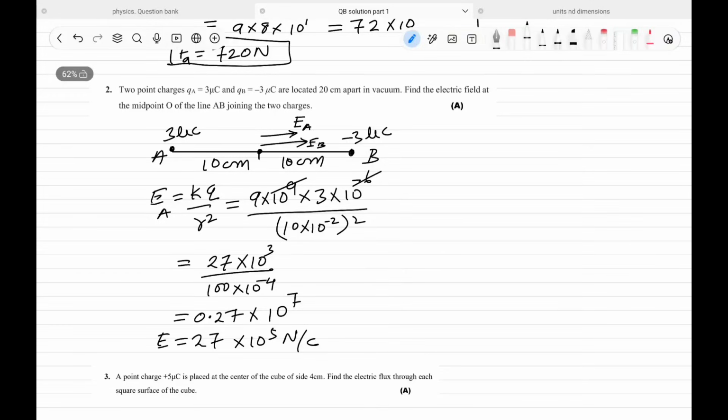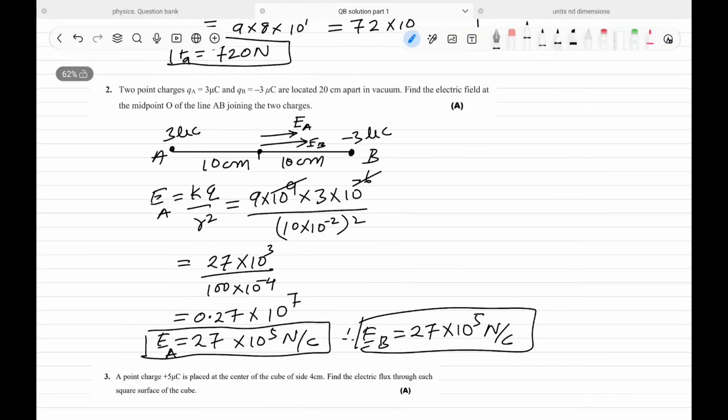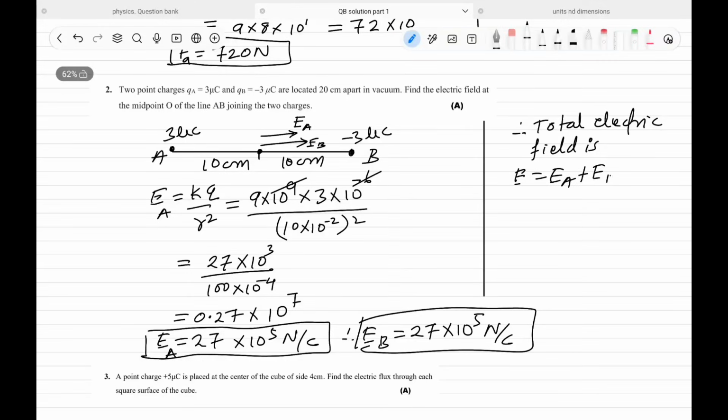This much will be the electric field EA, and charge is the same, so the direction of EB will be the same and EB is also equal to 27 into 10 to the power 5 Newton per Coulomb. Now we are calculating the net electric field, therefore total electric field E is equal to EA plus EB, 27 plus 27.